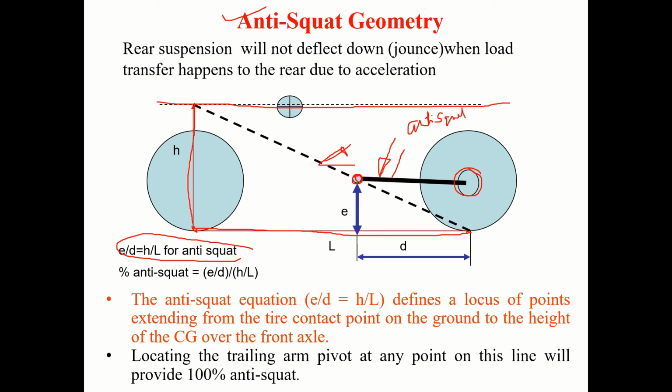Correct? Anti-squat. The anti-squat equation E by D is equal to H by L defines a locus of points extending from the tire contact point on the ground to the height of the center of gravity over the front axle. So locating the trailing arm pivot at any point on this line will provide 100% anti-squat.